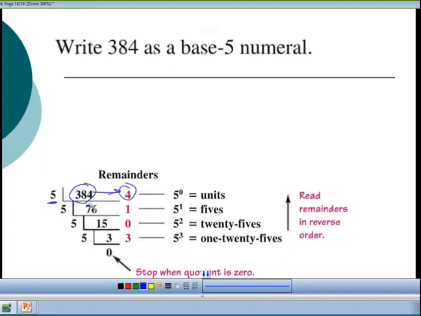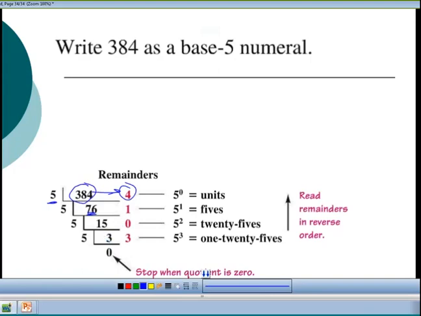This is the leftover amount after you subtract 5 times 76. After I subtract 5 times 76, you end up getting your remainder of 4. Then if I do the division again, I get a remainder of 1. And if I do the division again, you get a remainder of 0.